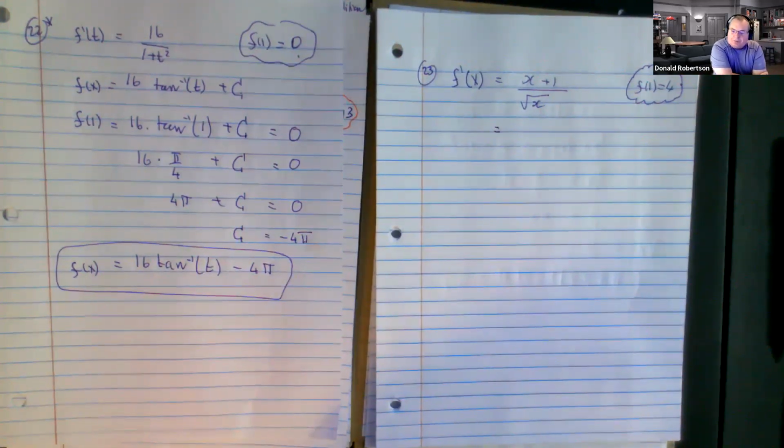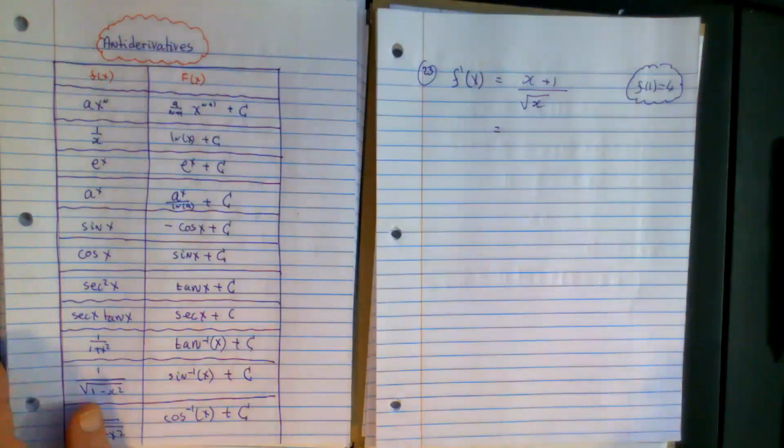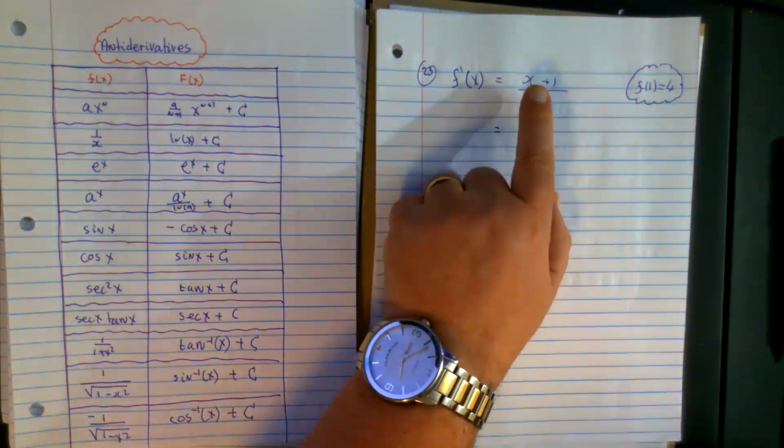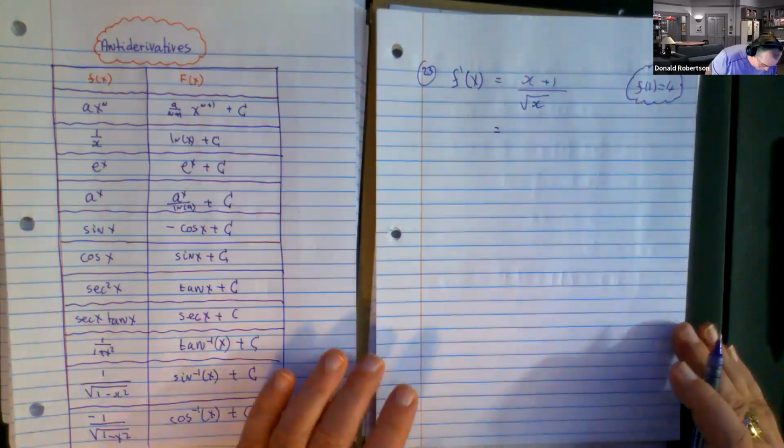What are we going to do about the antiderivative of an ugly fraction, x plus 1 over the square root of x? I can't leave it like that, because if I do, I don't know how to find its antiderivative. What will I do about it?